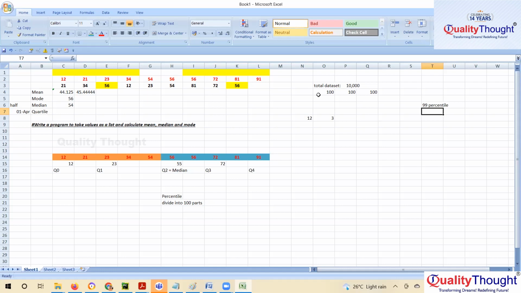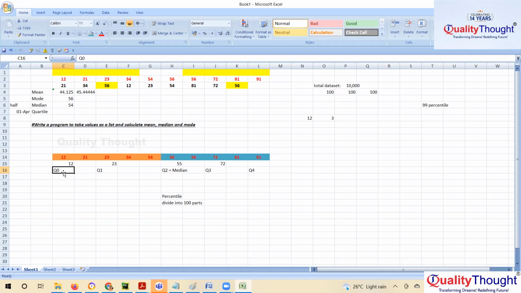So 100 percentile is just like Q4. What does Q4 mean? Highest. So 100 percentile means topper, highest rank, highest marks. Quartile 0 means lowest. If I say percentile 0, it is the lowest marks in that entire group.